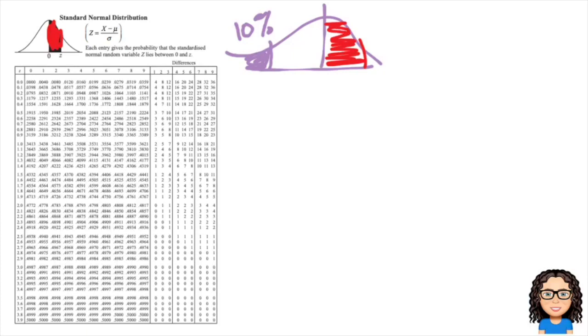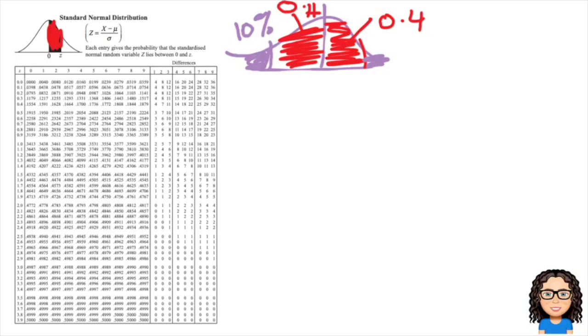The normal distribution is also symmetric, so this side will be equal to that side, and so this tail there is also going to be 10%. Altogether, 50% on one side, 50% on the other. So that red region here is 0.4, and this is 0.4. So we're going to look up a probability of 0.4 in the tables.